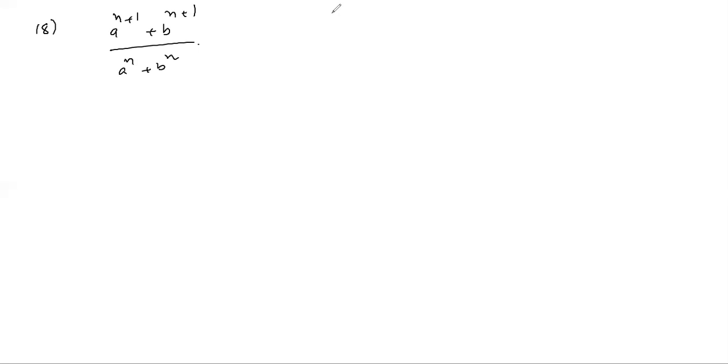Okay, whatever. What we have to get, we have the options 0, 1, minus 1, 1 by 2. So verification through the options: by putting n equal to 0, what do you get? A power 1 plus B power 1 over A power 0 plus B power 0, which is A plus B by 2. What is A plus B by 2?